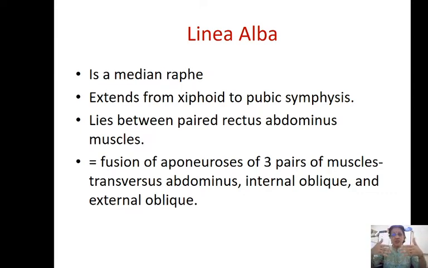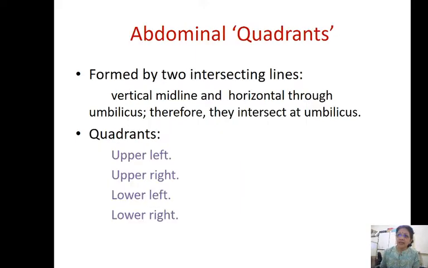The muscle tissue goes away and gets replaced by ligamentous tissue, strong connective tissue. And those connective tissue fibers intersect in the anterior midline. So this fusion of the aponeuroses of the three pairs of muscles, transversus abdominis deepest, internal oblique outside that, and external oblique outermost, three of left and right side fuse with each other and form a tight tendinous intersection. This is what the linea alba is.